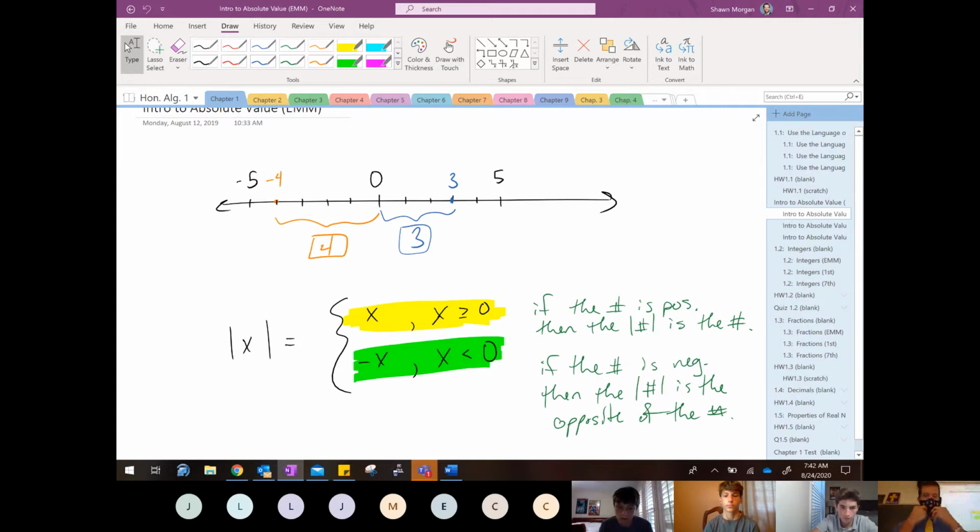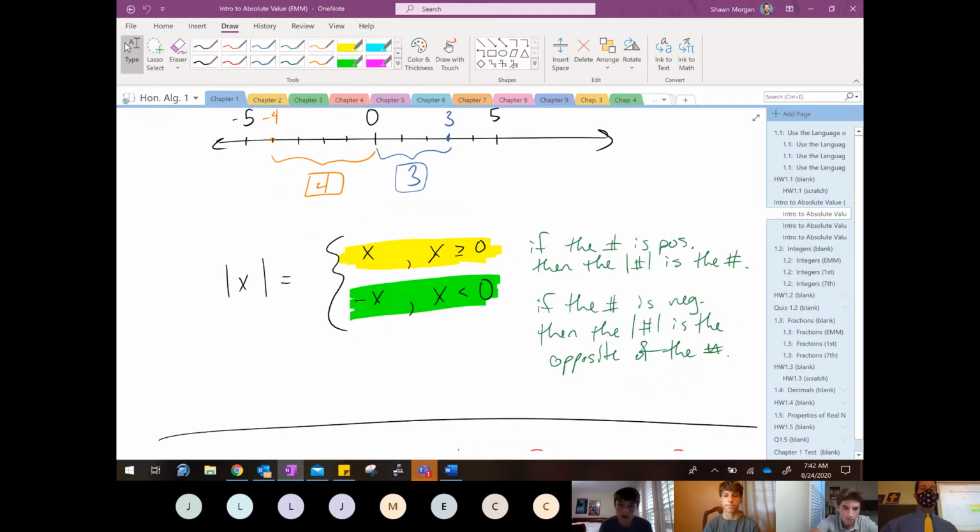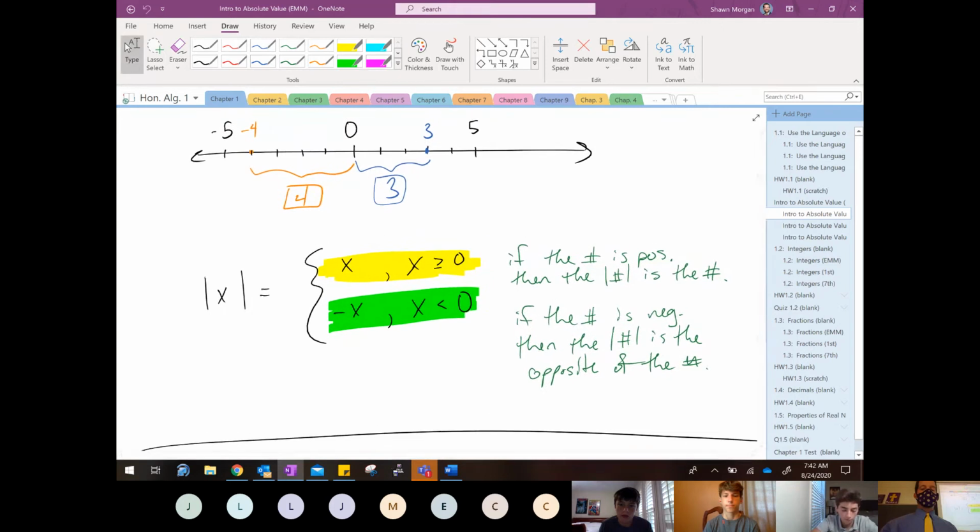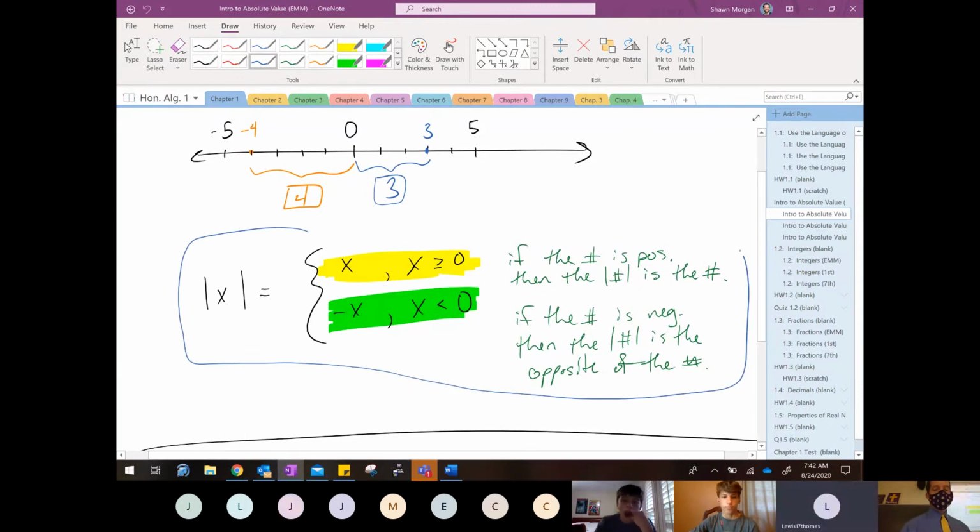And that is what's called a piecewise definition. So if you look right down here, where we're focused, is probably your first look at a piecewise definition for a function like absolute value.